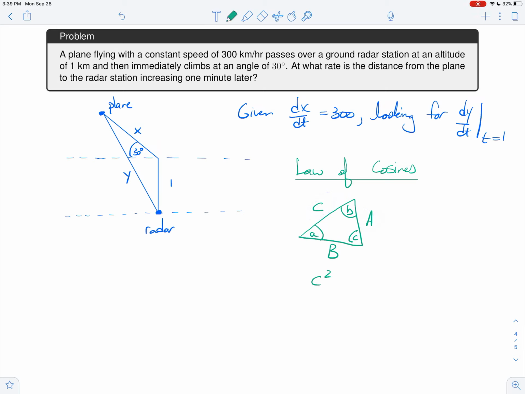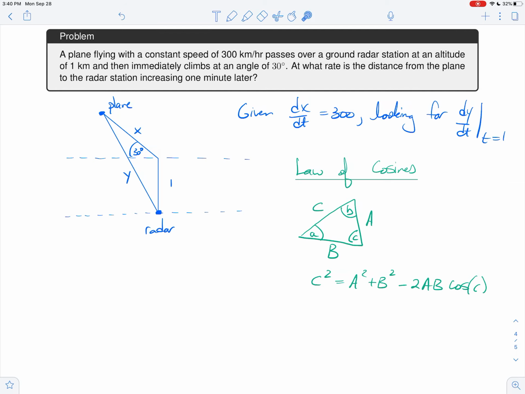We're going to be interested in the side C. And you can say, well, c squared is a squared plus b squared, that's like the Pythagorean theorem, minus 2 times a times b times the cosine of the angle that you're opposite of. So if this is side C here, then it's the cosine of angle C there.